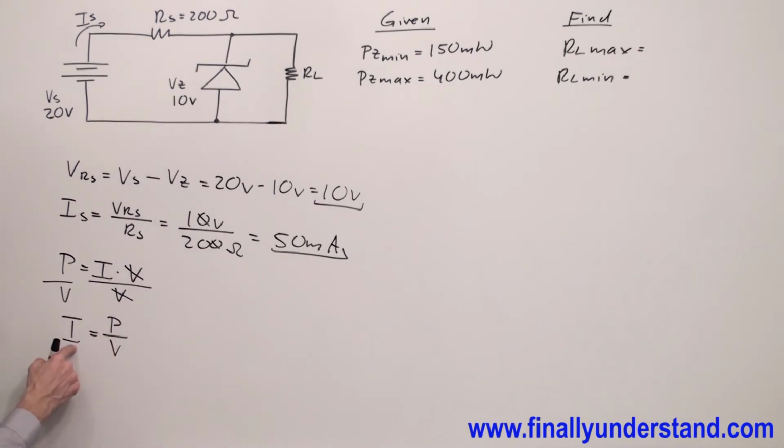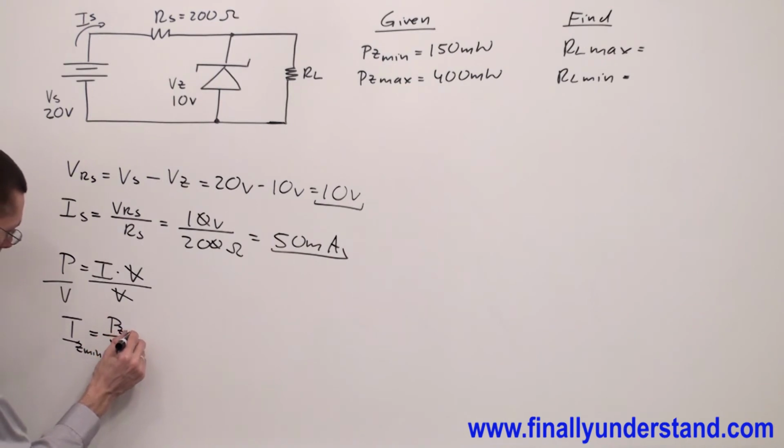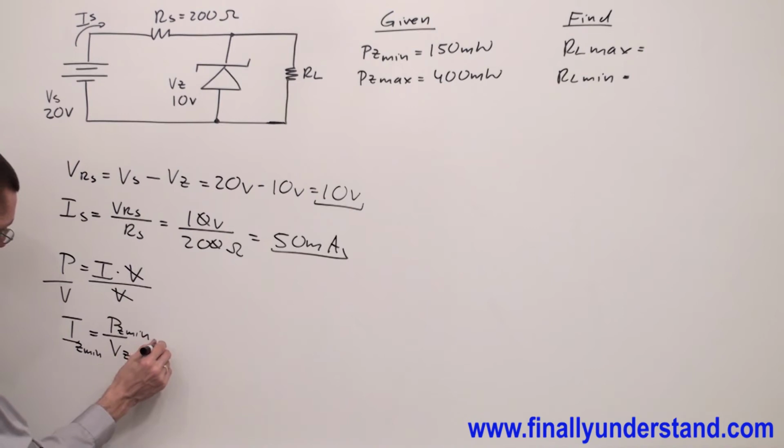I'm looking right now for IZ minimum, which is simply calculated by dividing PZ minimum over VZ.